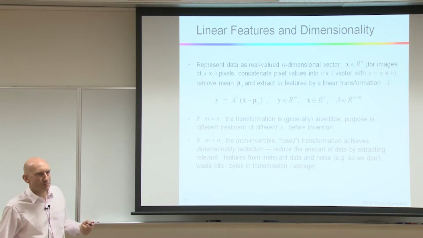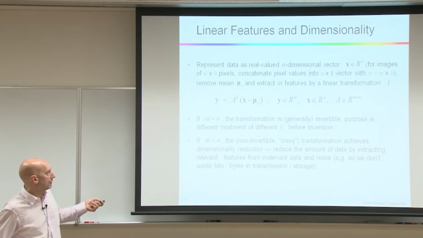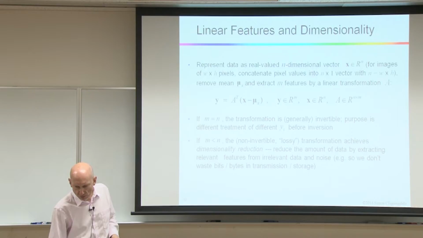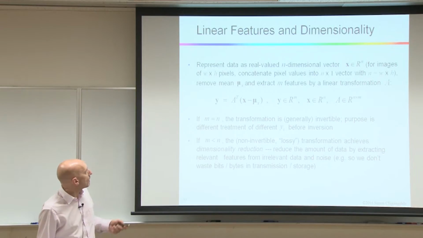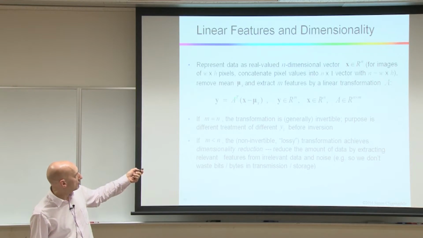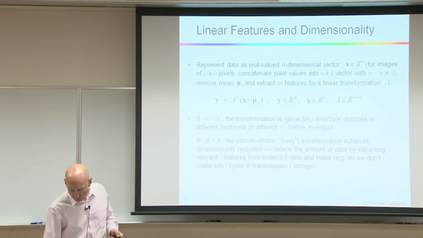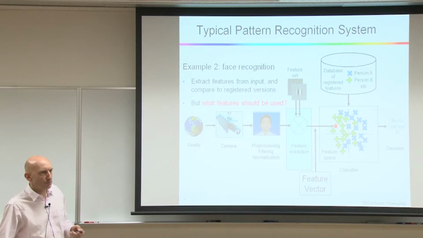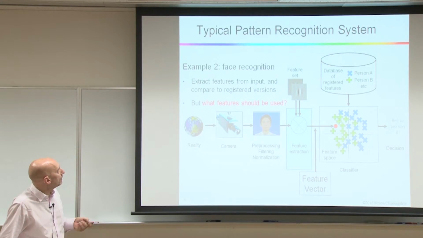And one of the good things about doing that is that you don't then waste bits and bytes that you don't need to use transmitting and storing it. So what is a good transformation to use is the question behind feature extraction in this case.